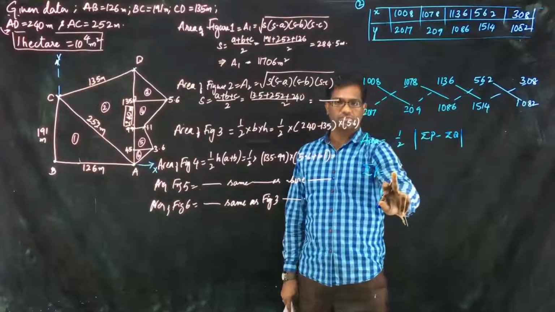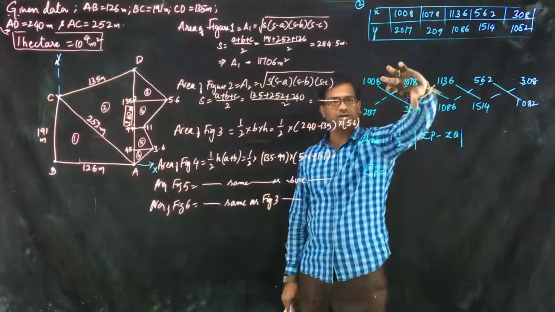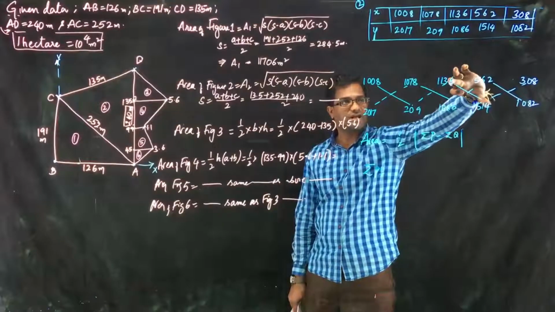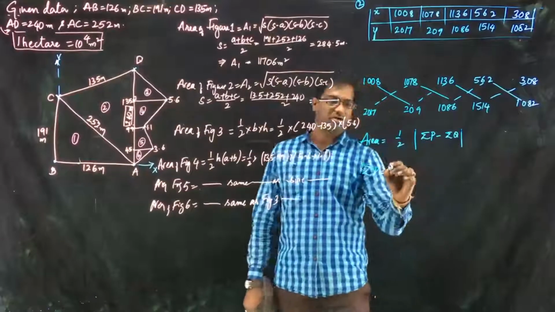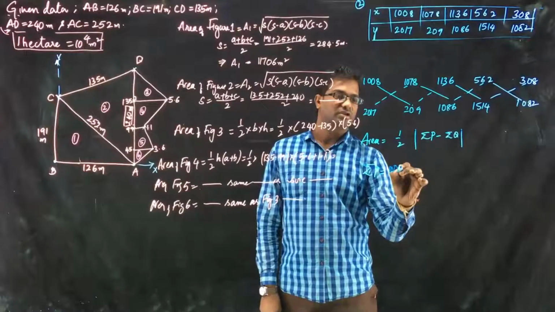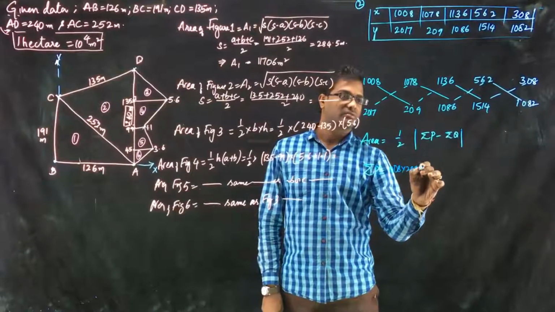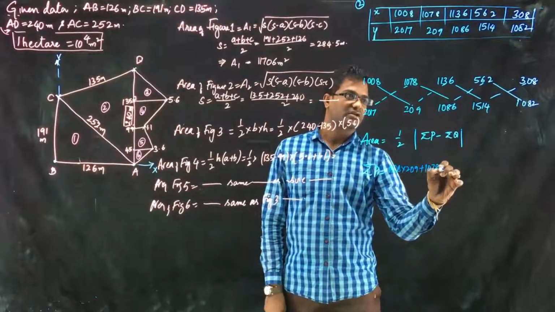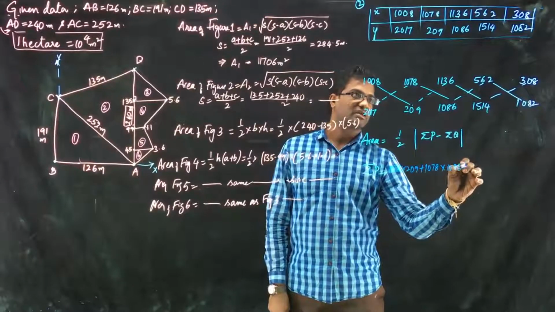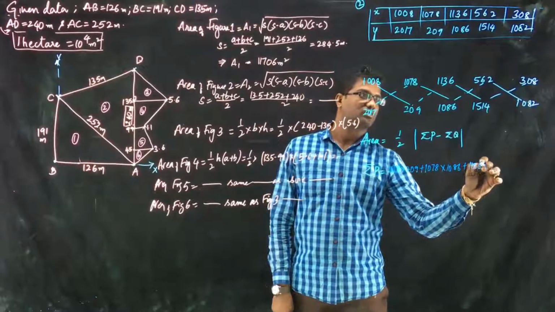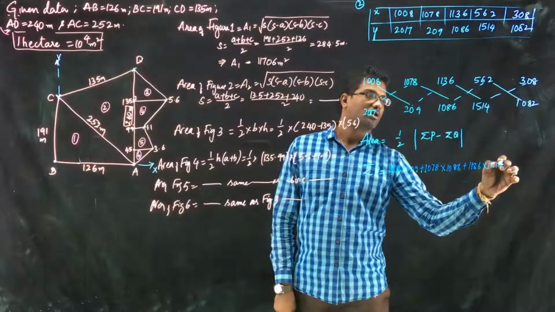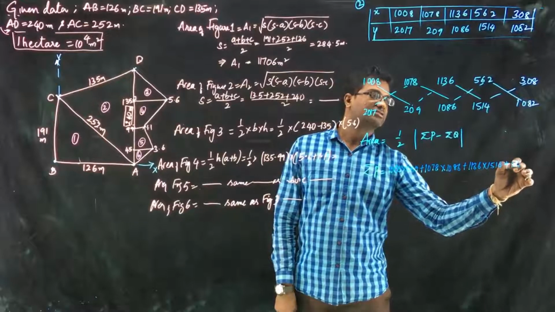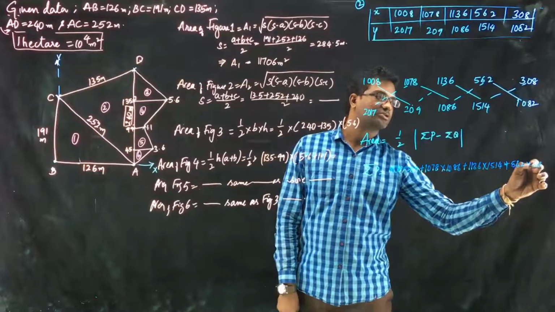So you have to multiply these thick line values and add them up. So this could be 1008 into 209 plus 1078 into 1086 plus 1136 into 1514 plus 562 into 1082.